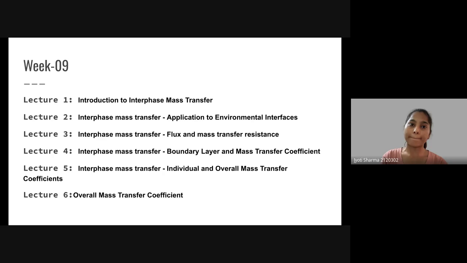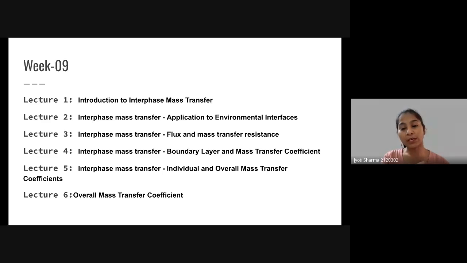Whenever we are moving from one phase to another phase, for example, if a contaminant is moving from water to air, then there is a very thin film that is known as the interface film. Here at the interface, there is a resistance.